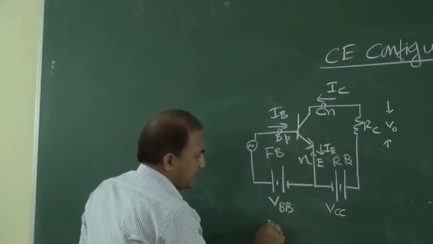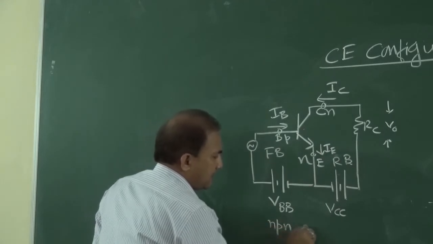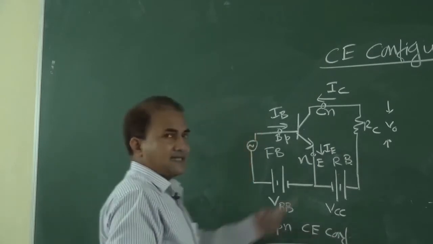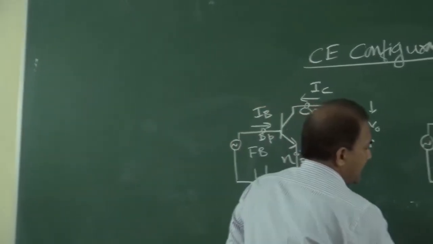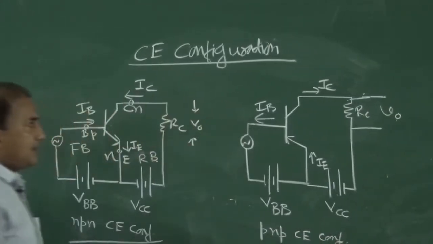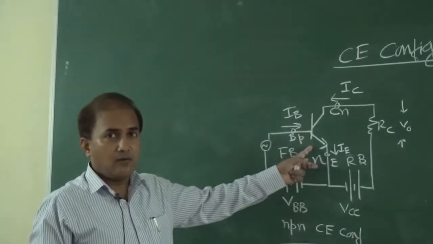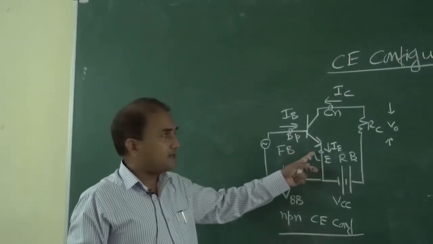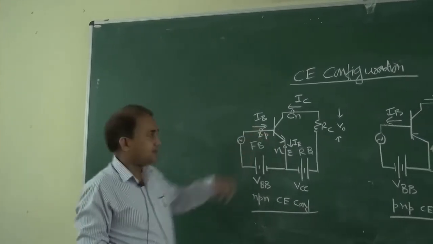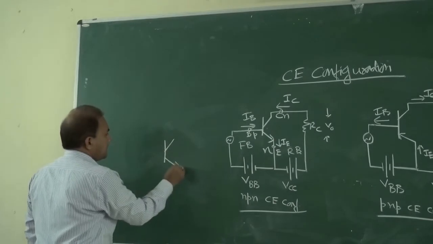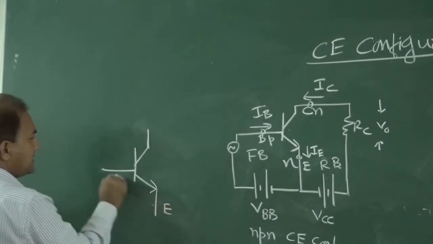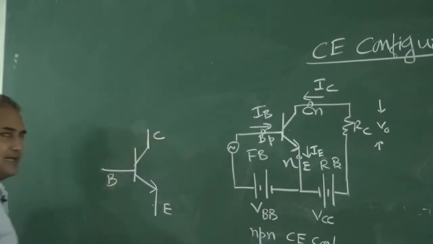The transistor used here is an NPN transistor. This is for the NPN common emitter configuration, and this is the PNP common emitter configuration. Now you can see this arrow. What is the use of this arrow? It gives the direction of IE. Suppose this is an NPN transistor, this is the emitter, this terminal is the base and this terminal is the collector terminal.